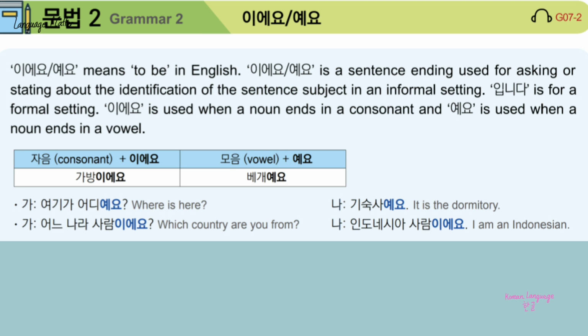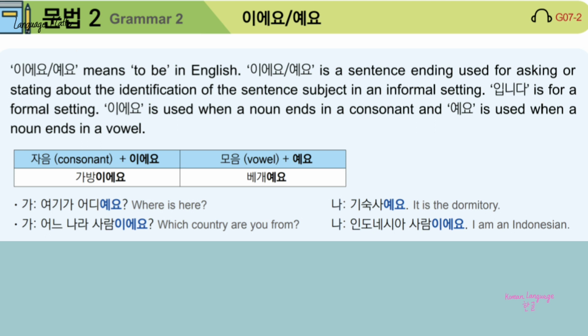But when there's a vowel sound like a, it matches with the y sound in 예요. Can you remember that? Anyway, remember, 이에요 is used with consonants, and 예요 is used with vowels.